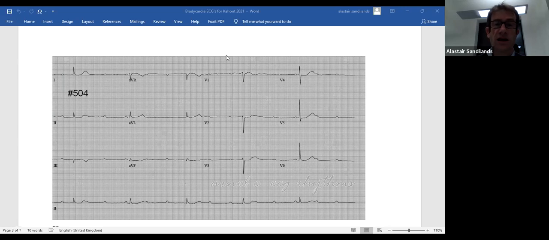So it can be either or. Remember, if it's left axis deviation, then you're affecting your left anterior fascicle of the left bundle branch. If it's right axis deviation, you're affecting the left posterior fascicle of your left bundle branch. Okay, that's question 7 for you.